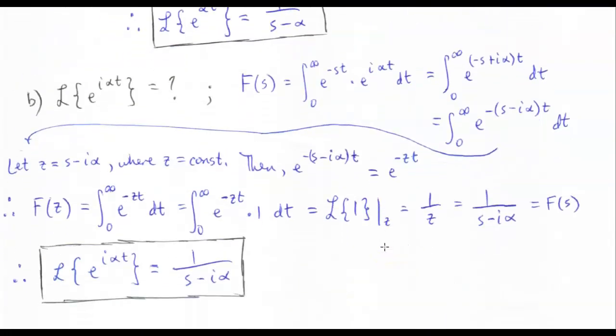Now, if we do the same thing and allow our exponent to be an imaginary expression instead of just a real one, the only thing that's different is that at the end of the day, instead of this being alpha, now it is i times alpha. But everything else pretty much looks the same.